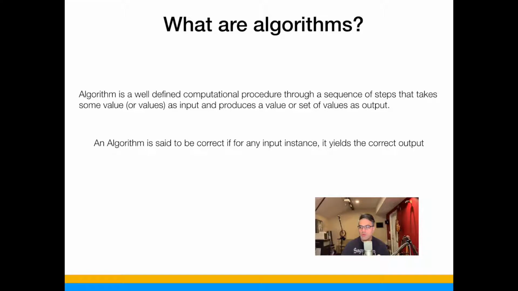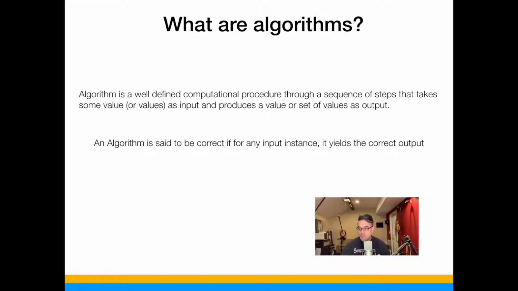Okay, so what are algorithms? This slide, I kept it incredibly simple. An algorithm is a very well-defined computational procedure, or steps, that receives an input and produces an output. It receives a set of values as an input and produces a set of values as an output.